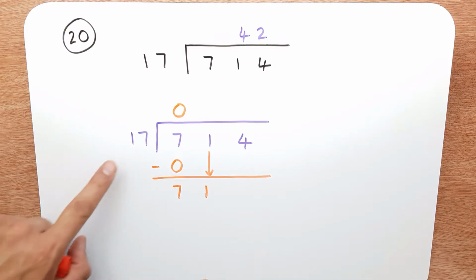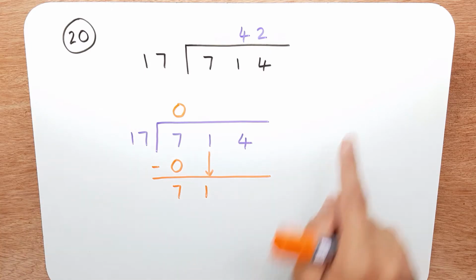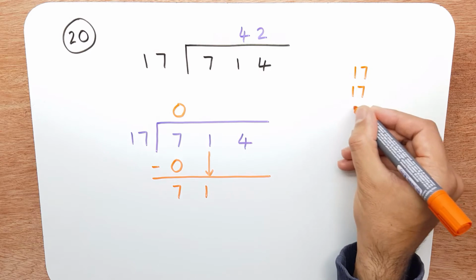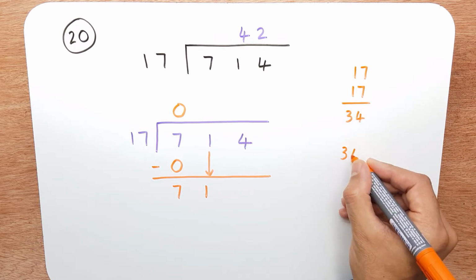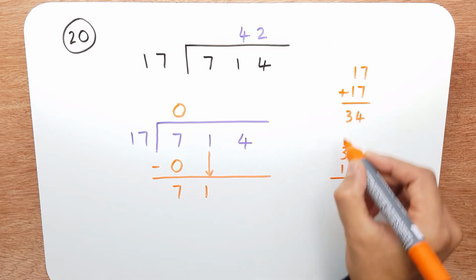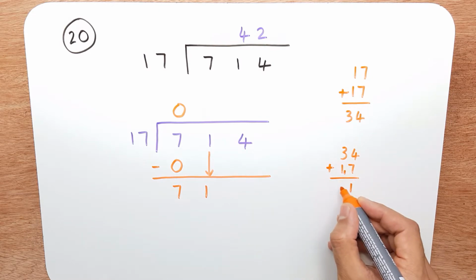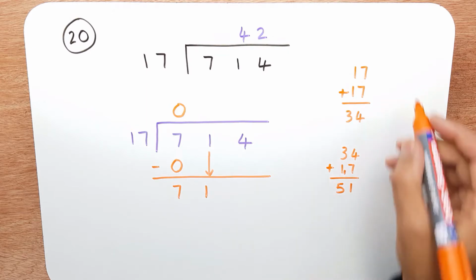Now, how many 17s are there in 71? We did that calculation here. We did 17 add 17 is 34. And then we add 34 to another 17. So these are all additions. And that was 51. And then we added another 17.